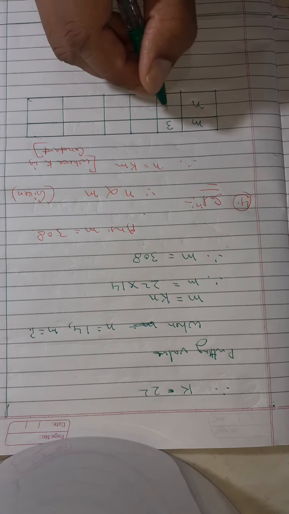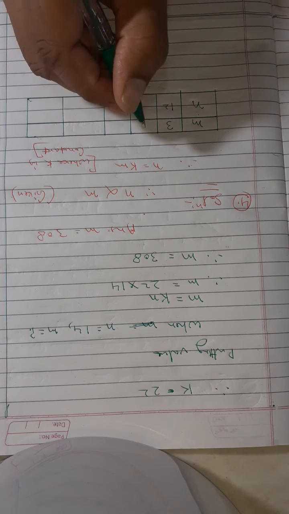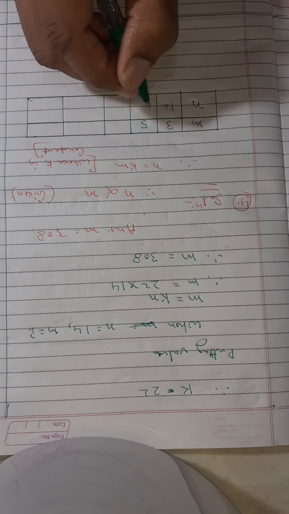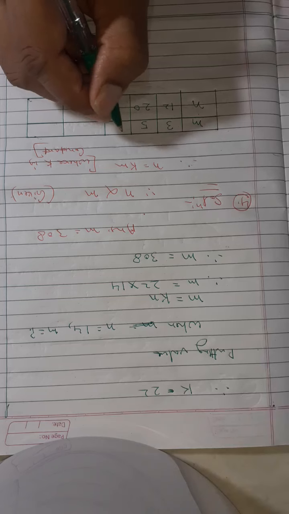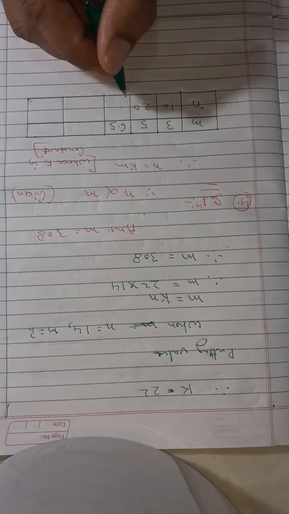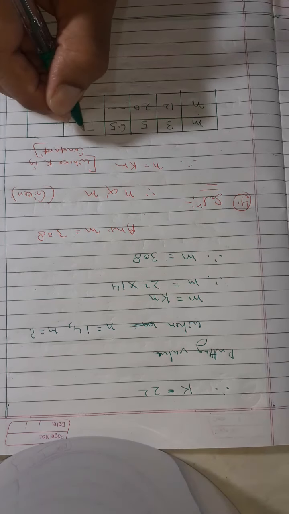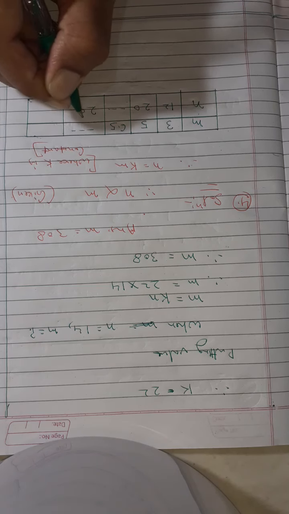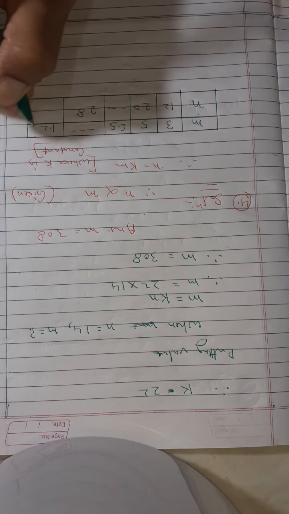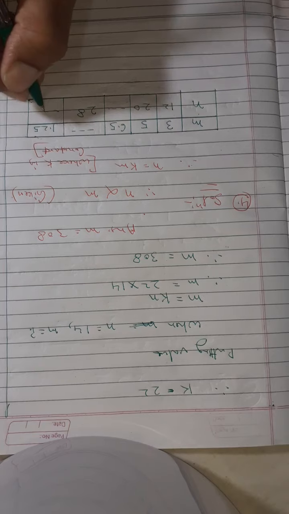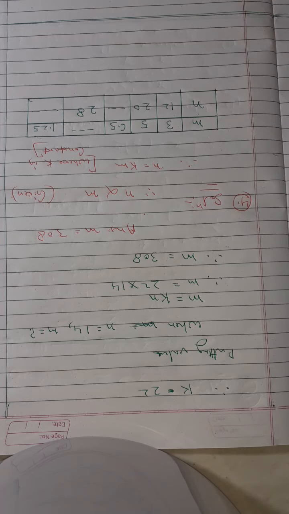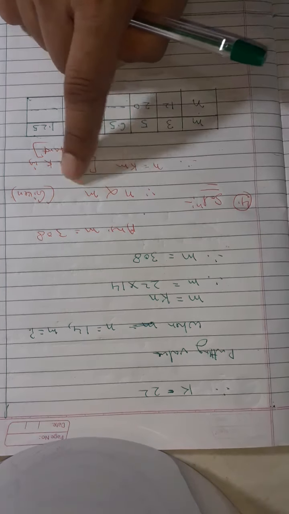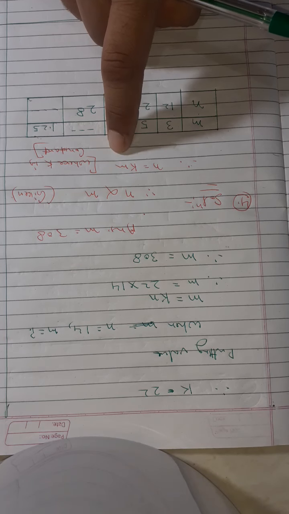This is 3, 12, 5, 20, 6.5, blank, you have to find out, 8, blank, and then 28. This is 1.25, and this is blank. Clear? So now you have to do this. So since n proportional to m, therefore n is equal to km.